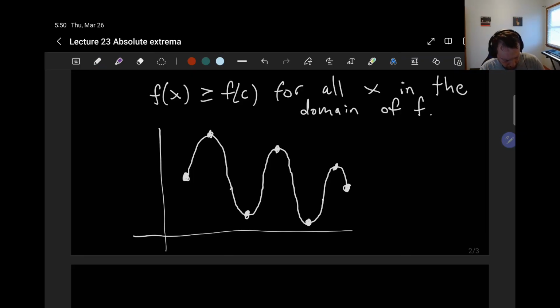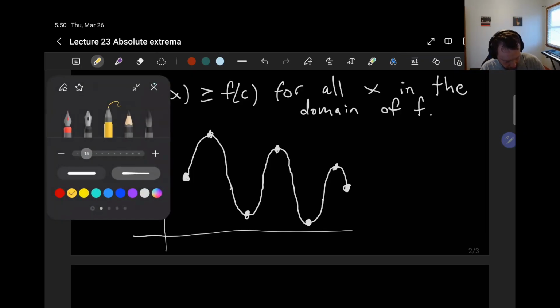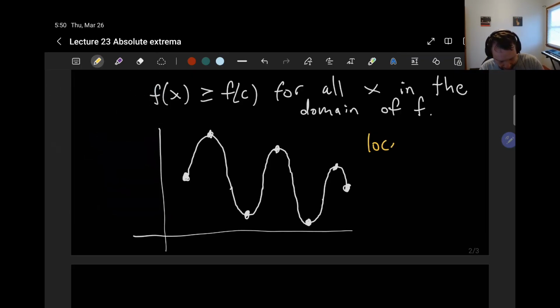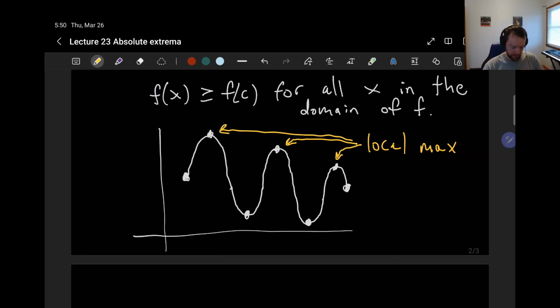Let's use a different color. So I'm going to point out those as local max. And local minimums. Well, that's these little valleys here.